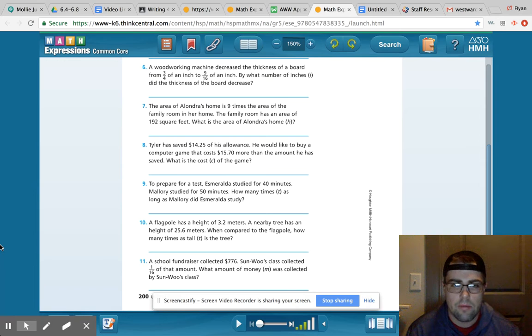So I go back to the beginning of the problem. It says the area of Alondra's home is 9 times the area of the family room in her home. And I go back to that last sentence. What is the area of Alondra's home? So I think back to what area means. I know from an earlier unit, we did a lot of area problems in our multiplication unit. So I'm thinking that area means multiply.